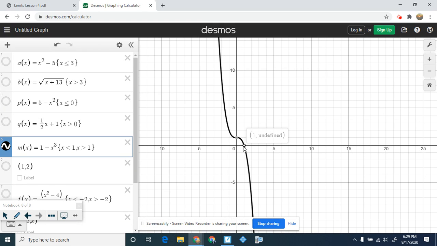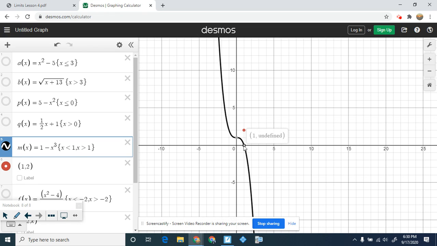That's the graph. It's basically the polynomial of degree 3 everywhere but 1. On top of that, there's that other part, which just produced that line at 2. So there's your graph right there.